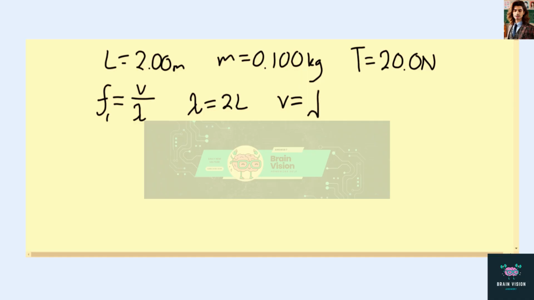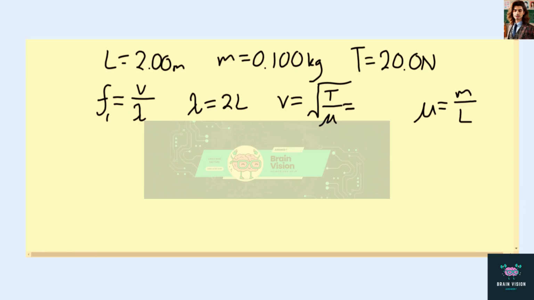And then for strings like this, the speed of the wave is going to be equal to the square root of the tension divided by mu. And of course, mu is just equal to the mass of the string divided by its length.